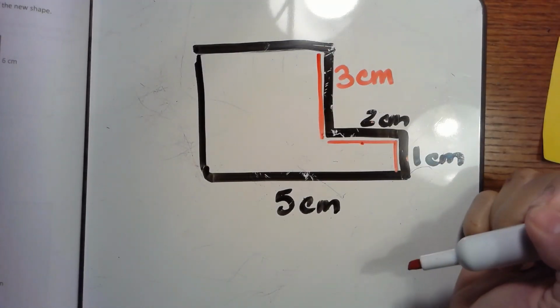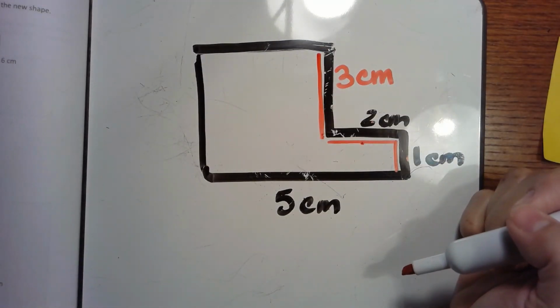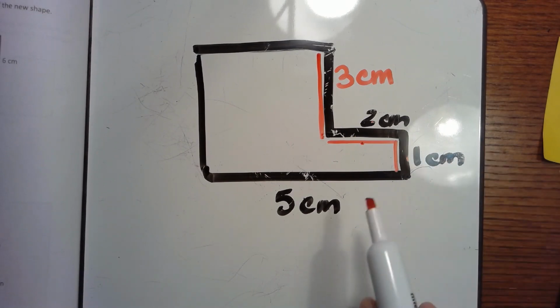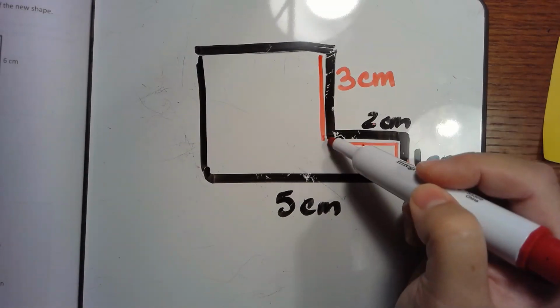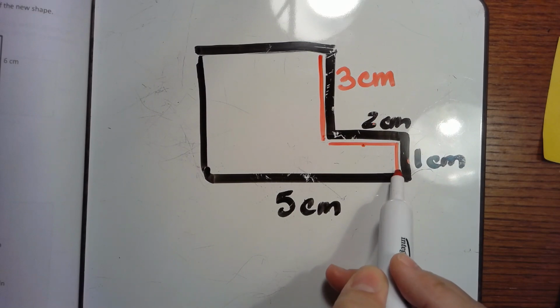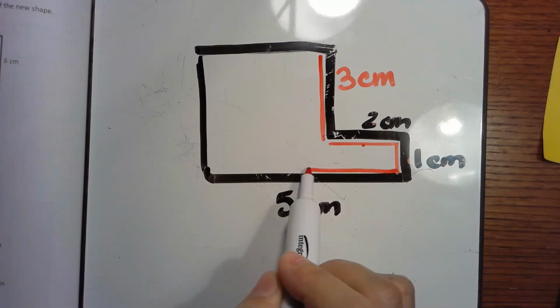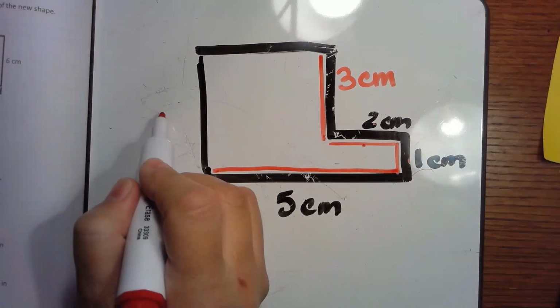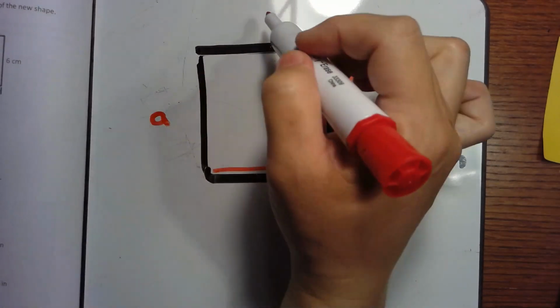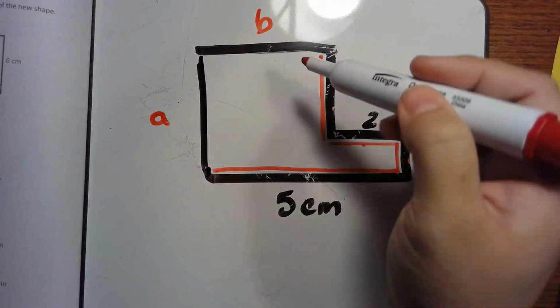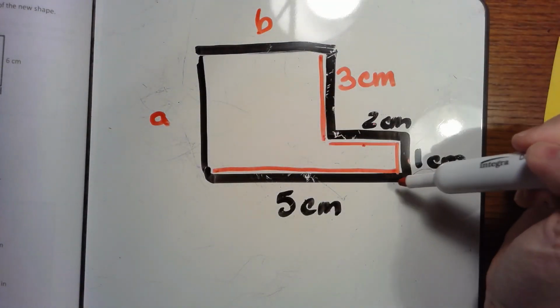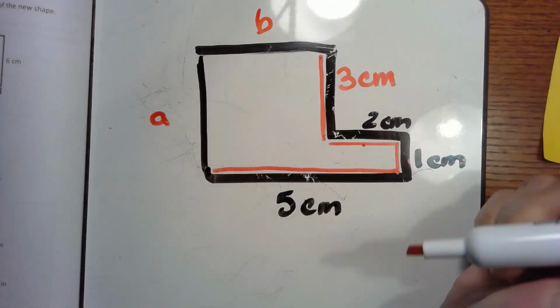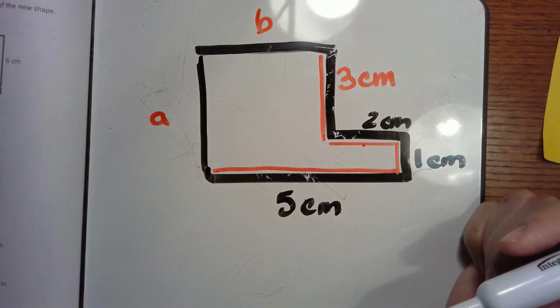And so that's why we practice a lot, right? All right, so to find the perimeter, we need to add up all the side lengths. And right now, we only have the ones I've outlined in red. So we are looking for this side length and this side length, because perimeter is the boundary around the shape.